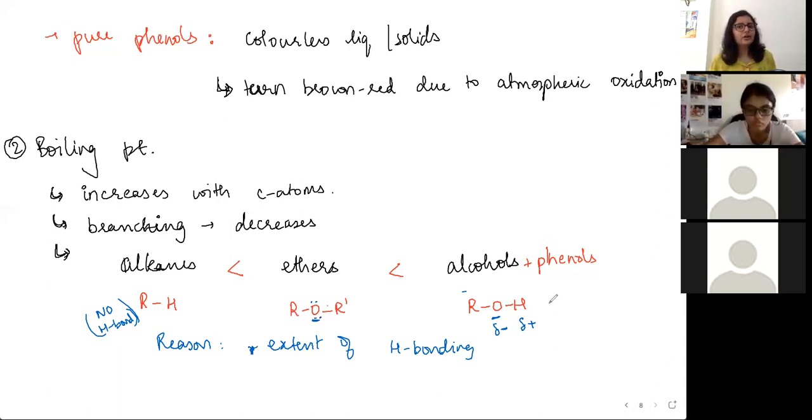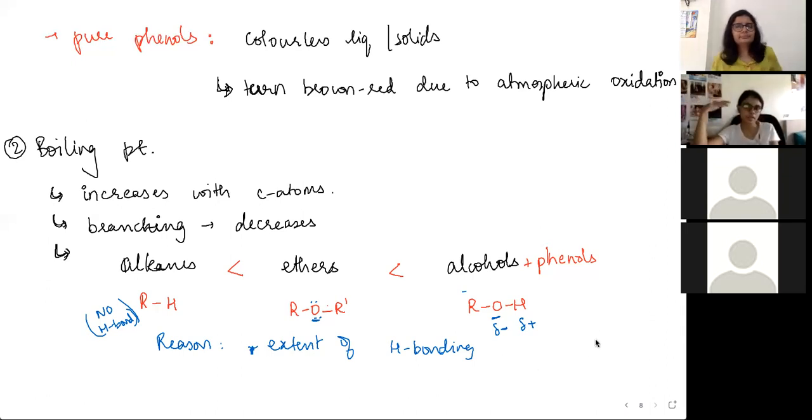If you compare alcohol with haloalkanes, which one would be higher? Ma'am, only if the halogen is fluorine will they have a comparable boiling point.